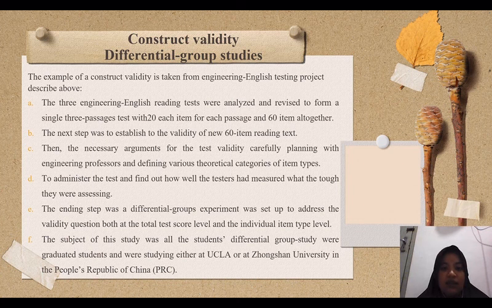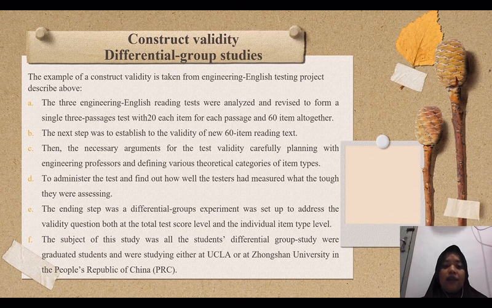The third, the necessary argument for the test validity: carefully planning with engineering professors and defining various theoretical categories of item types. The fourth, to administer the test and find out how well the testers had measured what they were assessing.